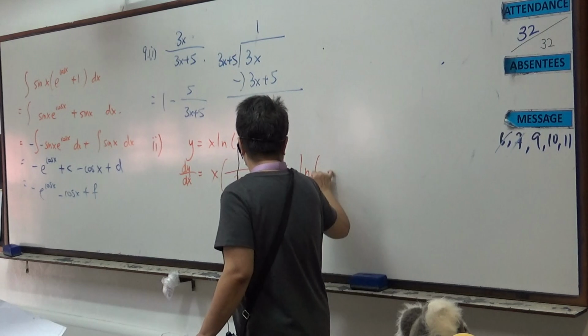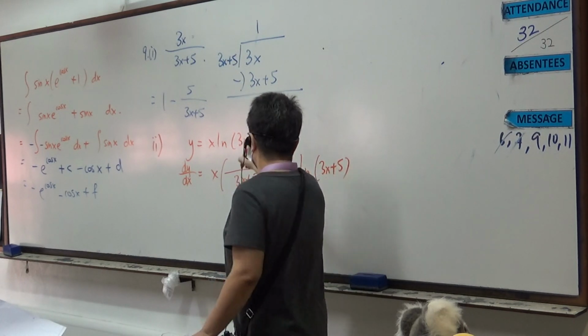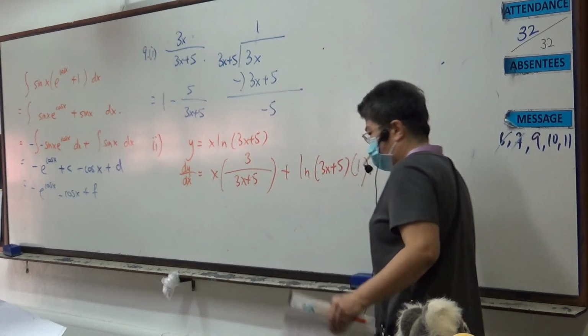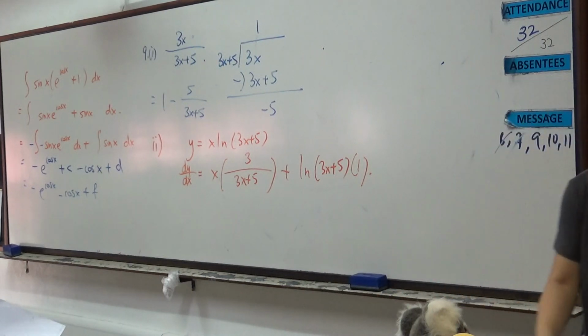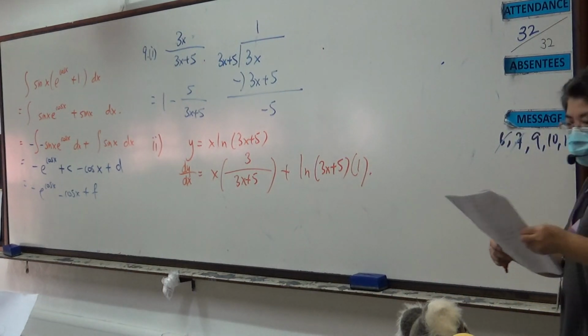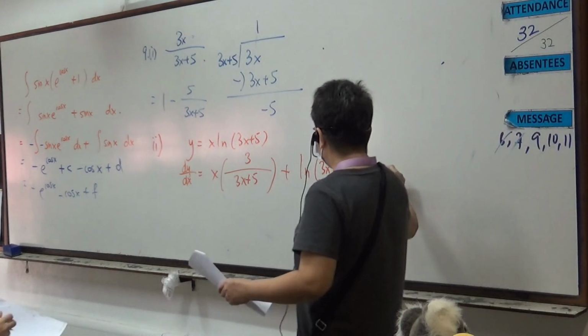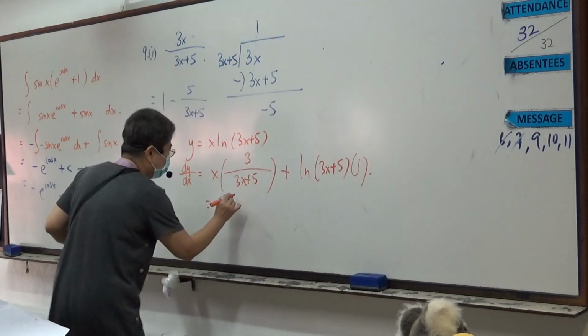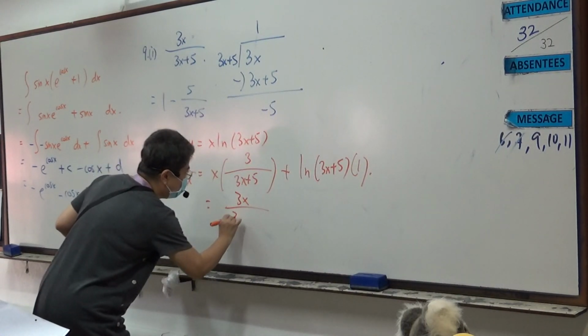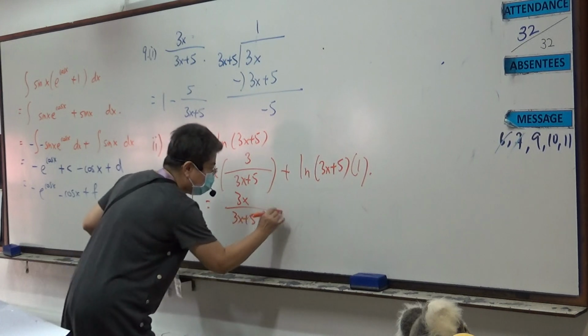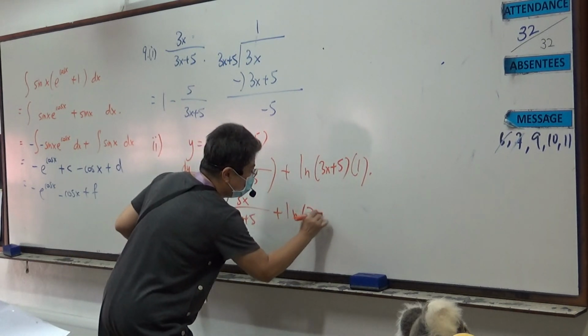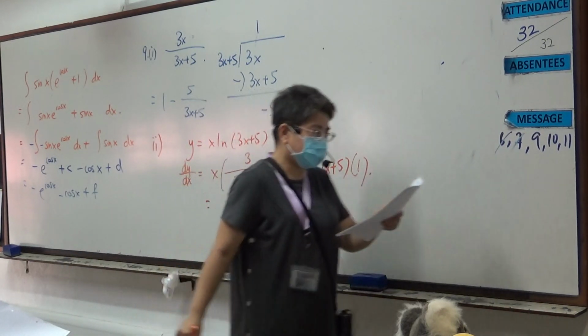Plus fix this, differentiate that will be just a 1. Am I right to say that? So if I simplify this, this will just become 3x over 3x plus 5 plus ln 3x plus 5.